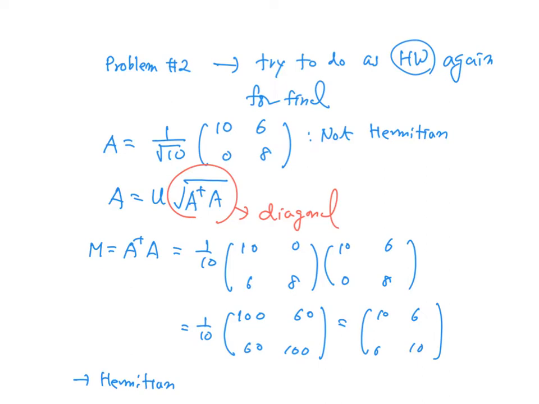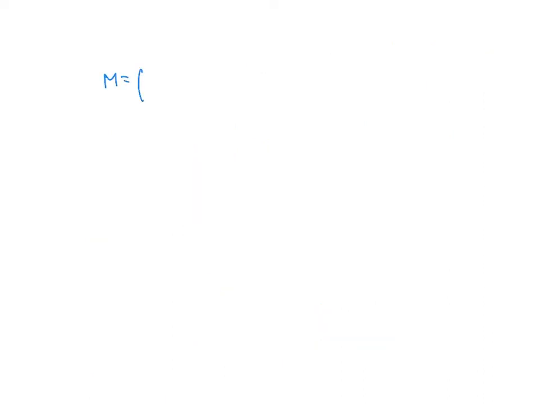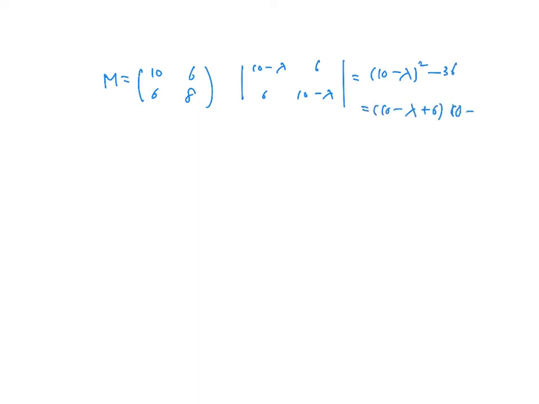So you can represent the square root of M. M is 10, 6, 6, 10. The first step is to find the eigenvalues and eigenvectors. So 10 minus lambda, 6, 6, 10 minus lambda. (10 minus lambda) squared minus 36, which is (10 minus lambda plus 6)(10 minus lambda minus 6), so (16 minus lambda)(4 minus lambda). So lambda can be 4 or 16, right?